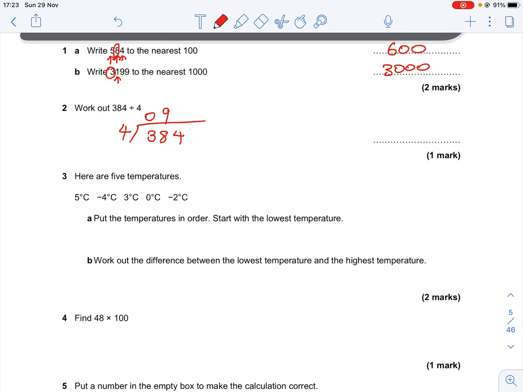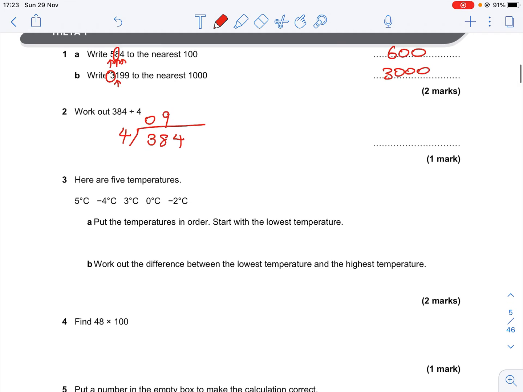So 4 times 9 is 36, and we have a remainder of 2. So how many 4s go into 24? 6 times. So the answer is 96.